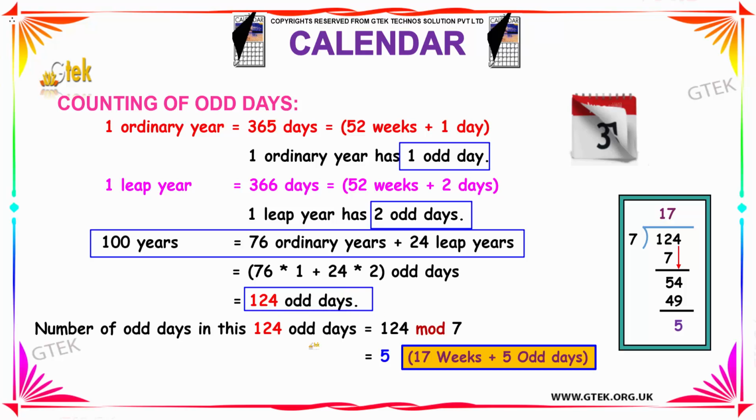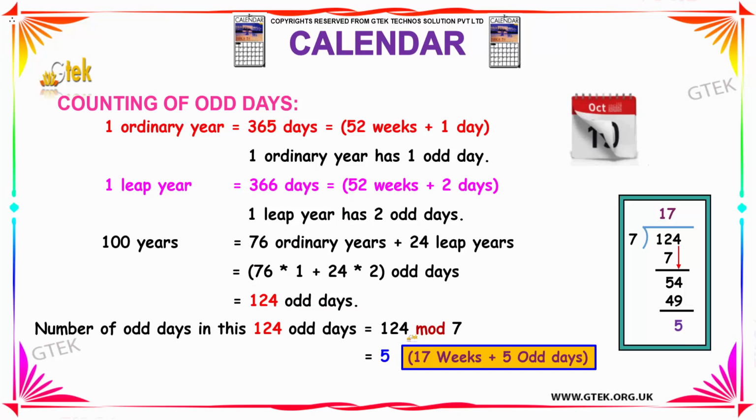To simplify further for 100 years, we have to group these 124 odd days into weeks and find how many days will be left which can't be grouped into a week. That can be done by using the mod function. It is nothing but 124 mod 7. That is, we are dividing 124 days by 7 days, since 7 days form a week.